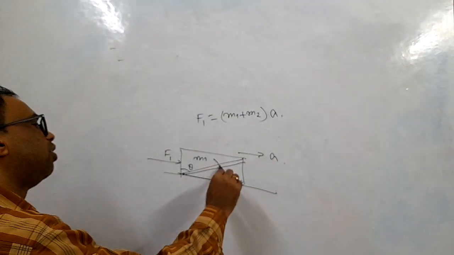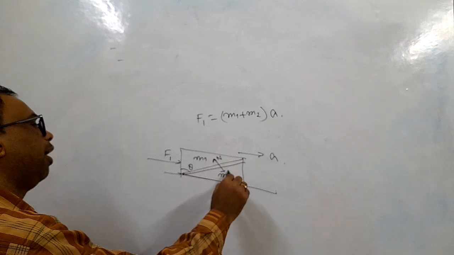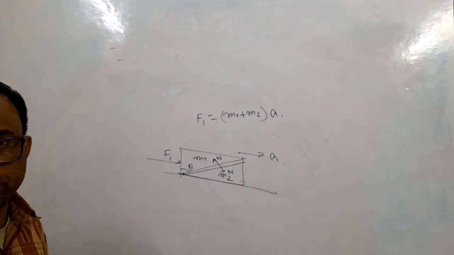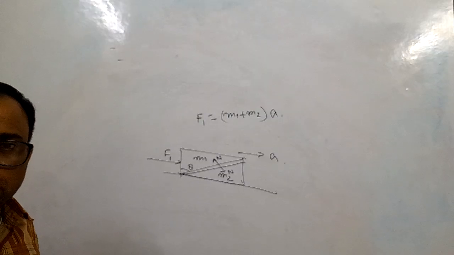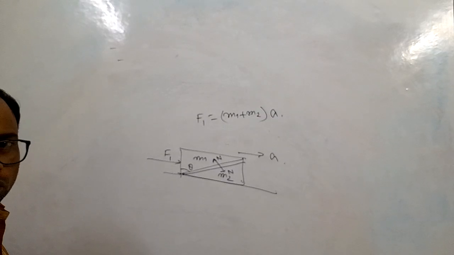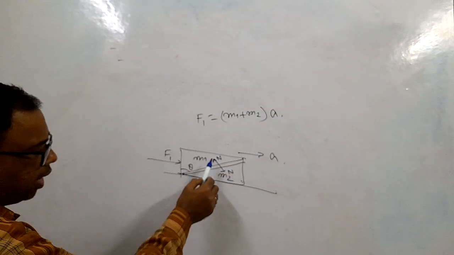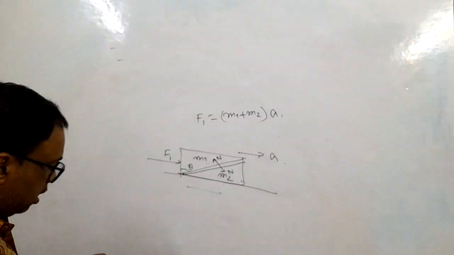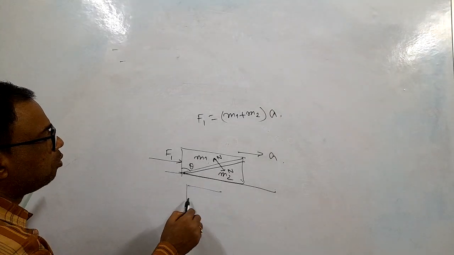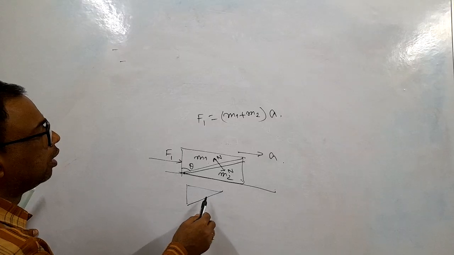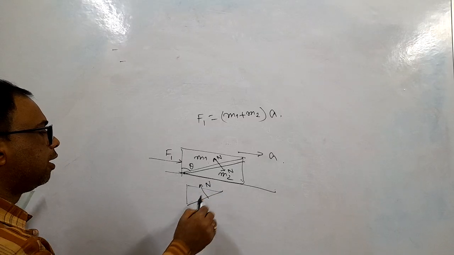Now here you get the normal reaction in this way, N, and here also N. Now consider one of the bodies, M1 or M2. If you take M1, then normal reaction is here.